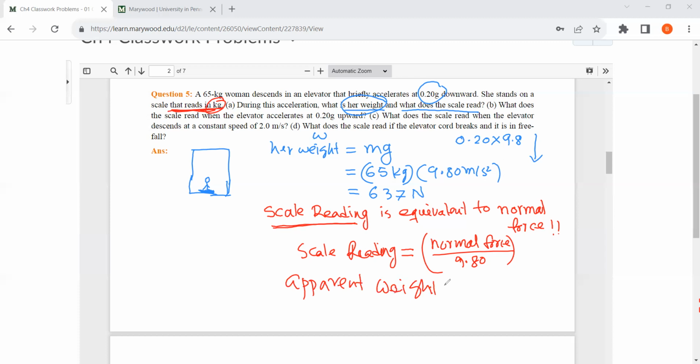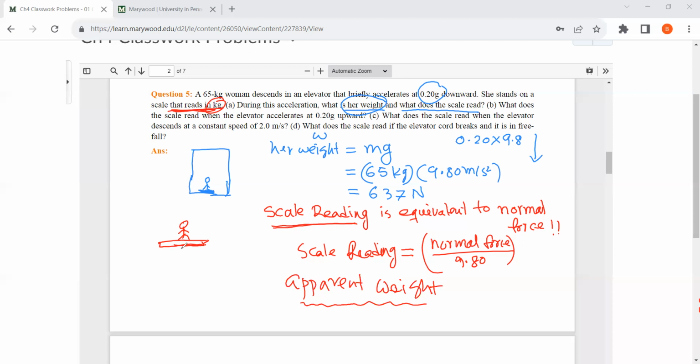Why is it called apparent weight? It's called apparent weight because if this lady is on the scale and the elevator is not moving, the scale reading is basically her true weight.